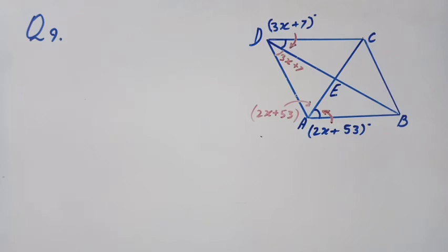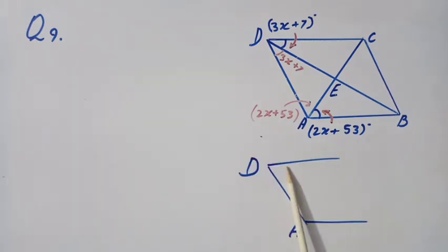Now you know what this angle is at the point D and what this angle is at the point A. These are in a special relationship with one another.